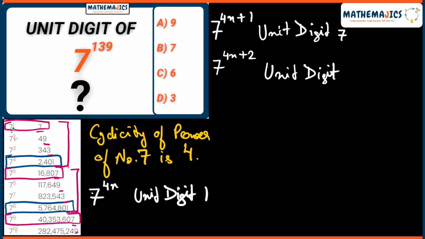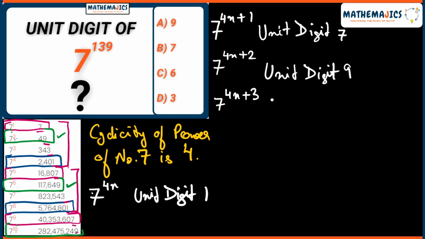Look at 7 raised to power 2, 6, and 10. These powers, when divided by 4, leave remainder 2. And the unit digit in all these three cases is 9. So when the power leaves remainder 2, the unit digit is 9.